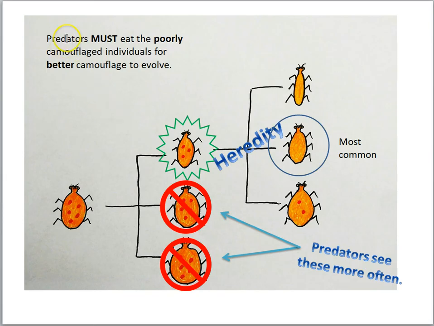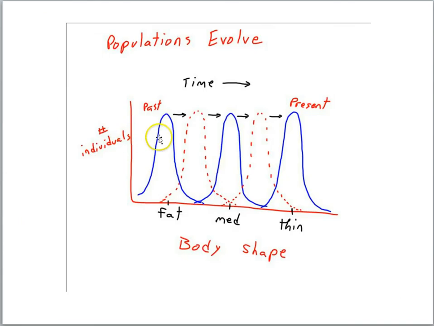And it is the case that predators must be eating the poorly camouflaged individuals for better camouflage to evolve, right? Predators have to be taking out the poorly camouflaged ones for this average change in body shape to be happening. So this process is only happening because predators are always eating the larger than average individuals and allowing some of the thinner than average individuals to survive.